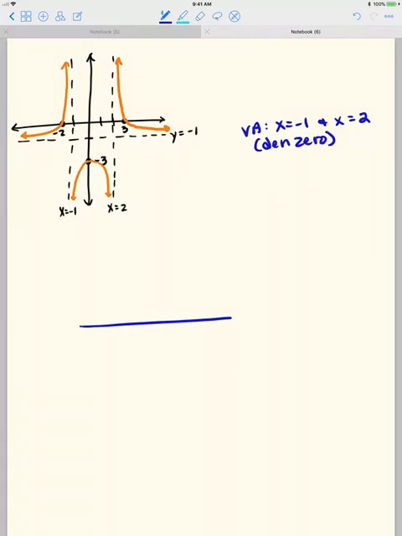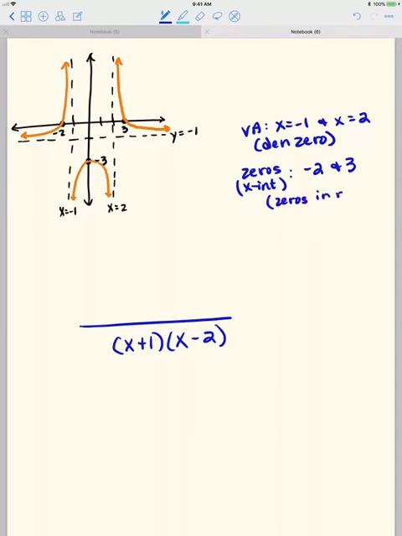So if we come to our denominator, I'll put x plus 1 and x minus 2. Zeros for the function, where it crosses, where it has x-intercepts, those happen at -2 and 3. So those are going to be zeros in the numerator. So a zero of -2, a factor would be x plus 2. A zero of +3 would be a factor of x minus 3.